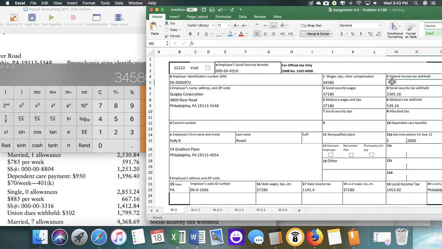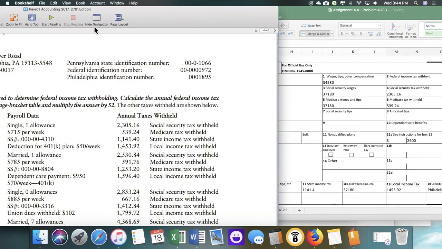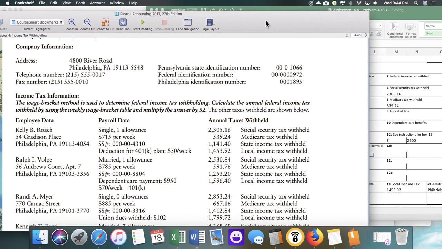And then we'd have to calculate federal income tax. We know she is paid weekly. She's single, she has one allowance. So we would go to the T-charts at the back of the book. Let me write down the page number so I can get back there quickly.